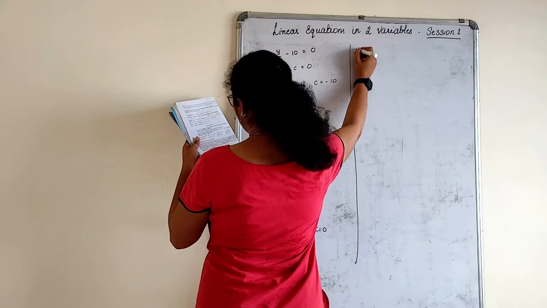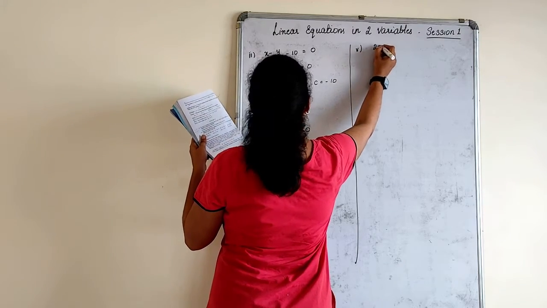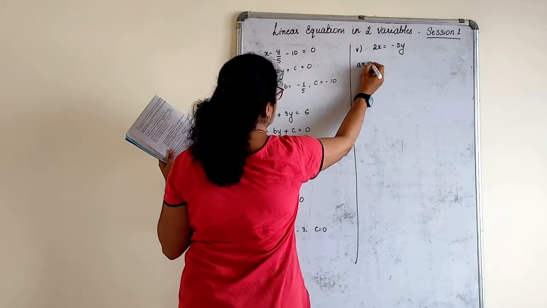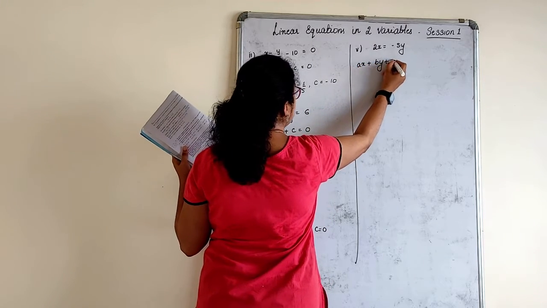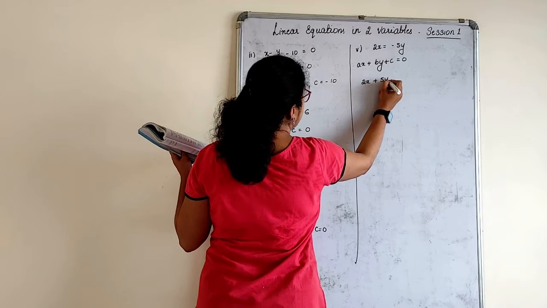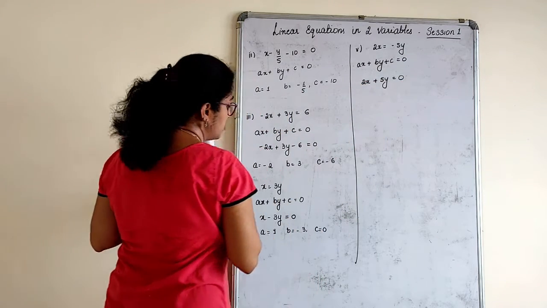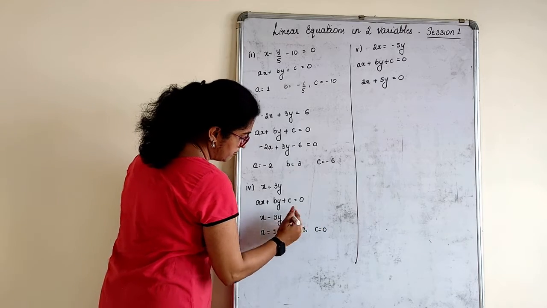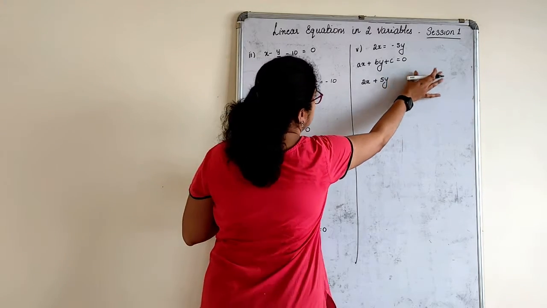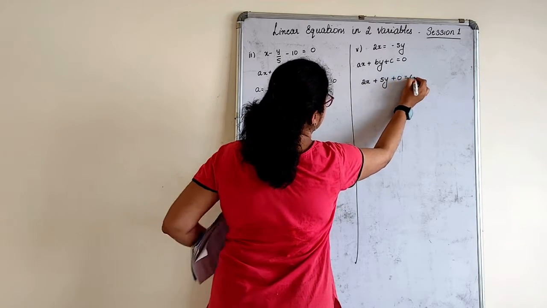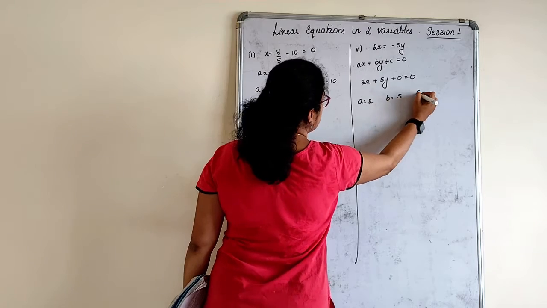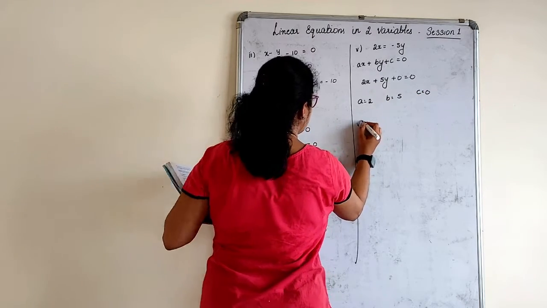Quickly, the next one. Fifth one, 2x is equal to minus 5y. The standard form is ax plus by plus c is equal to 0. 2x plus 5y is equal to 0. If you want you can write it here to make it the standard form. Sometimes they prefer writing this, you can write. Where a is 2, b is 5, c is 0.